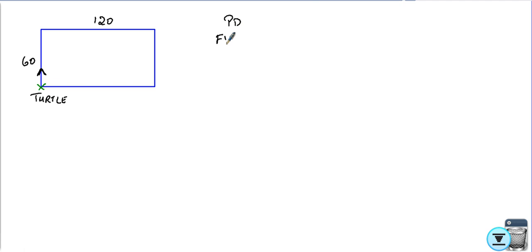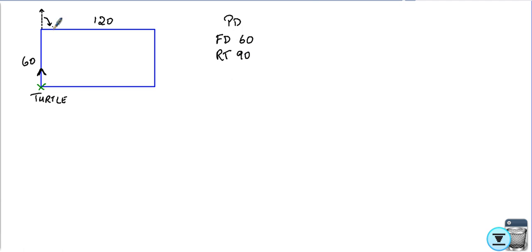So, it's forward 60. Then I want to tell the turtle to go to the right, because the turtle has arrived here and it needs to turn to the right. Okay, right is clockwise, in fact, left is anti-clockwise. So it needs to turn to the right 90 degrees.